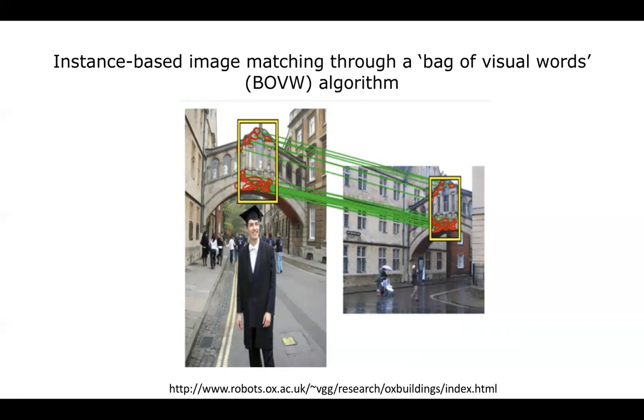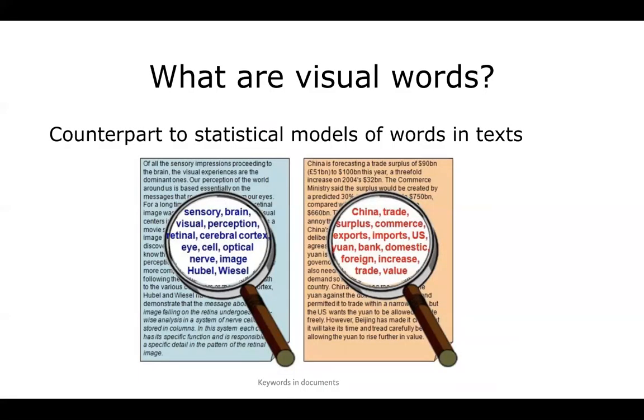The term bag of visual words is one that computer vision has borrowed from linguistics. Linguistics has actually produced lots of methods that have been profitably applied to images as well. And the analogy is that instead of treating texts as possessing high-level semantic structure, you simply view text as statistical aggregations of elements.